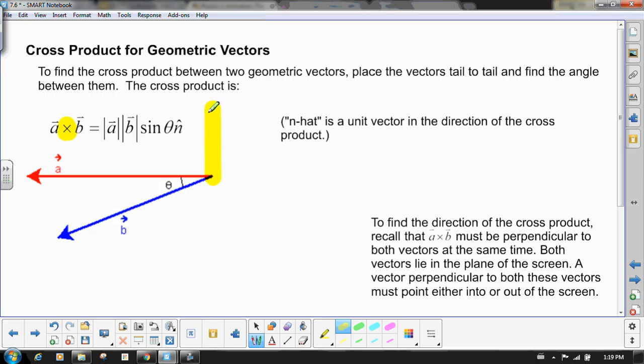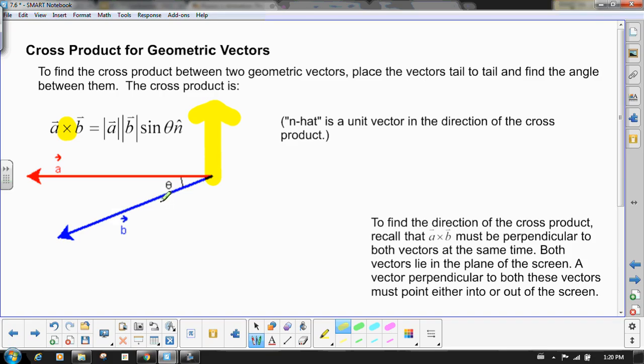By finding that sine of theta, we're finding the vector that's going to be perpendicular to both of these vectors. Now we have to figure out, is it going to be going up or going down? In this case, because I'm doing A cross B, I'm going to take my right hand, point my fingers along vector A and curl towards B. The only way I can get that to work is for my thumb to be pointing upwards.